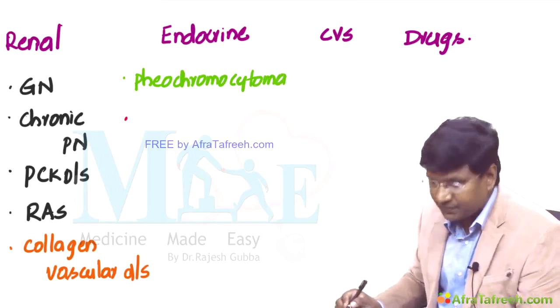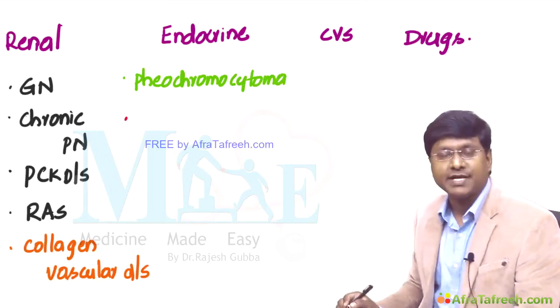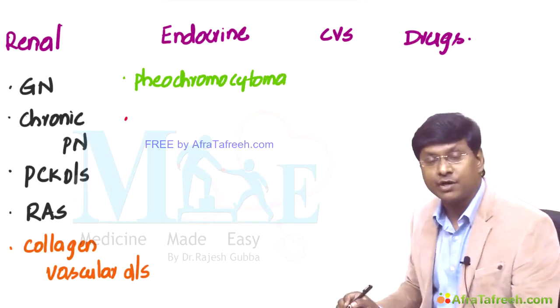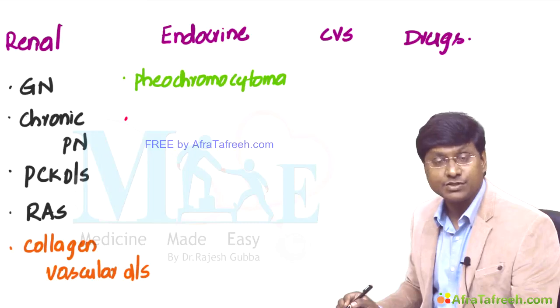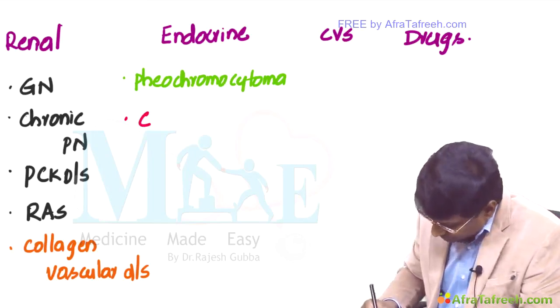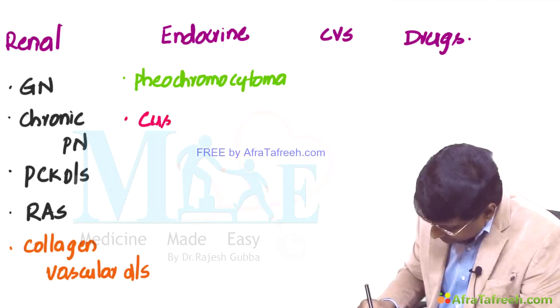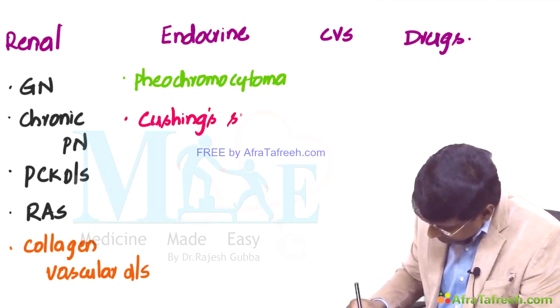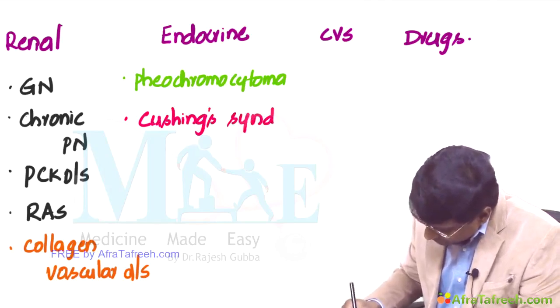Next, we have another clinical condition which is characterized by excessive production of corticosteroids. What is the endocrine disorder where there is excessive production of corticosteroids? It is nothing but your Cushing syndrome.